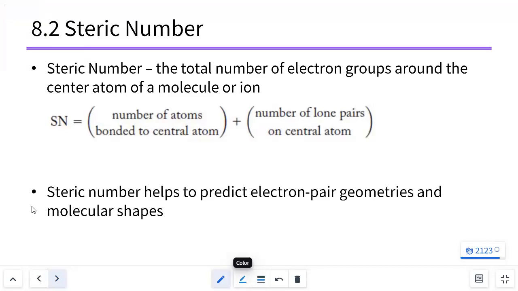All right, last concept that we want to look at, steric number. The steric number of a molecule is the sum of all of the different electron groups that are around it. Remember how I said that we broke down the groups into bonding groups and non-bonding groups? To find the steric number, we add the total number of those groups together.